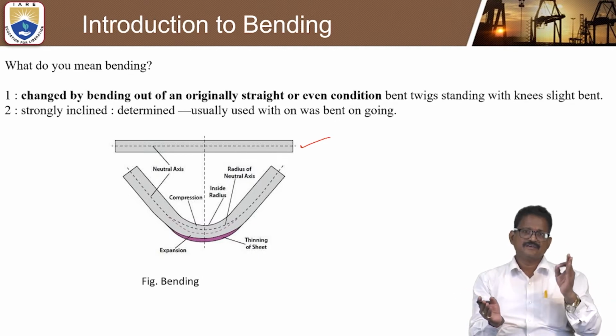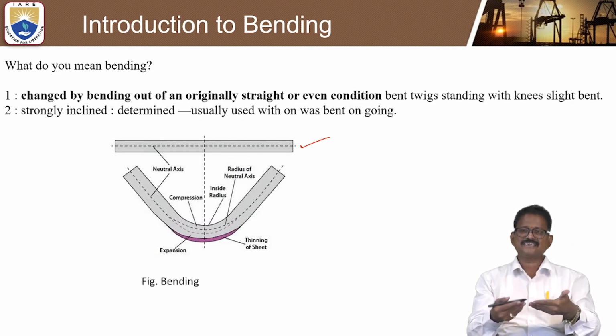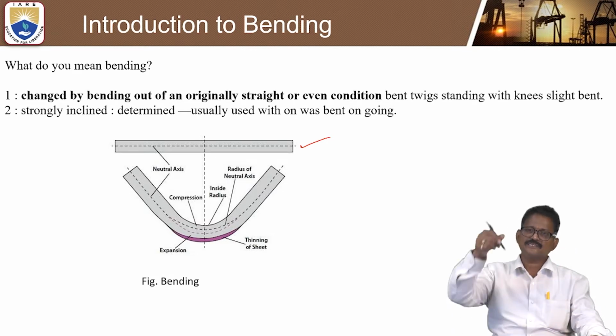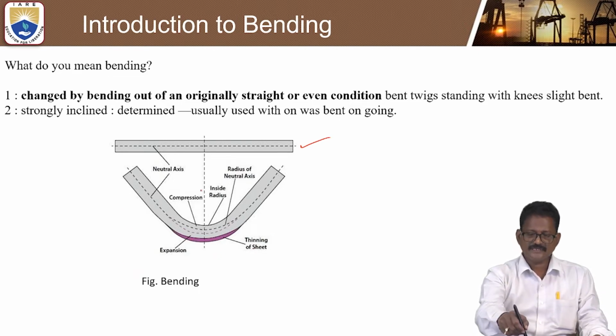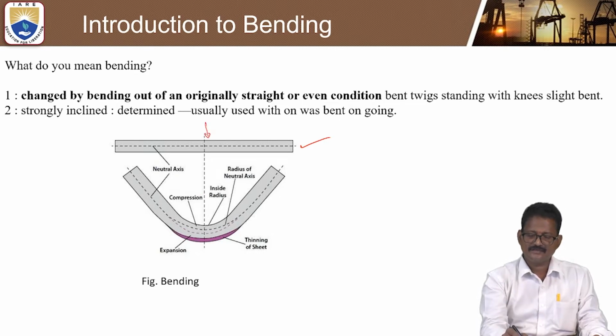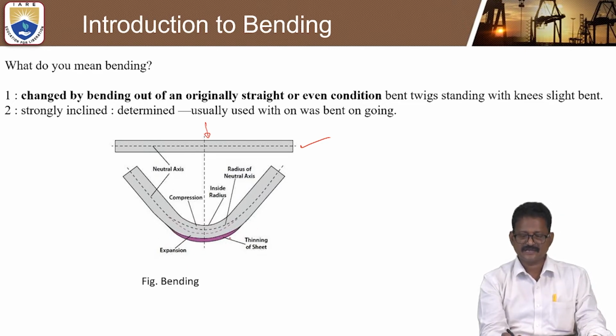When you speak about the simple bending process, there will be a straight workpiece or straight sheet. When you apply the compressive force, you can see there will be expansion and thinning of the sheet on the outside, with the compressive force placed exactly vertical.